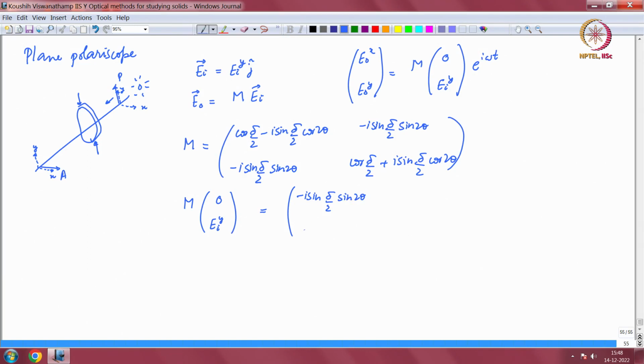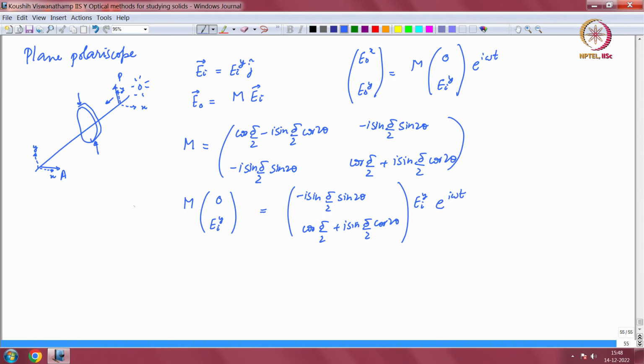So, you will get cos delta by 2 plus I sin delta by 2 cos 2 theta. The whole thing, of course, I am just taking the E y value out, the e power I omega t. Simple matrix algebra, nothing very complicated going on.